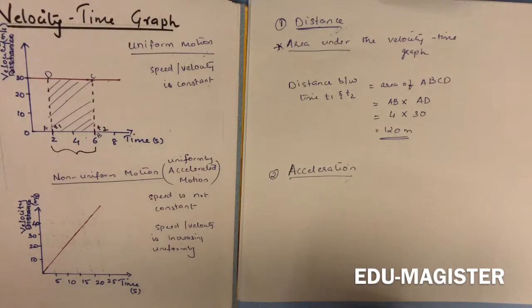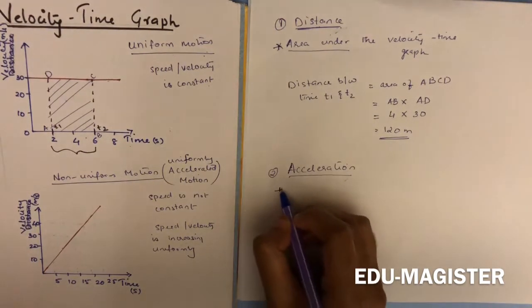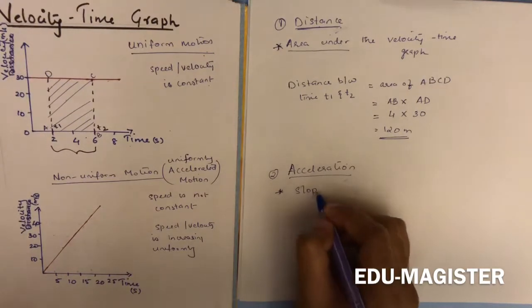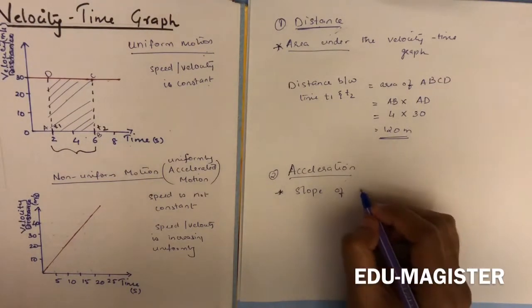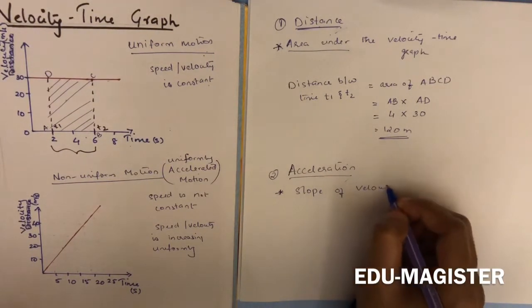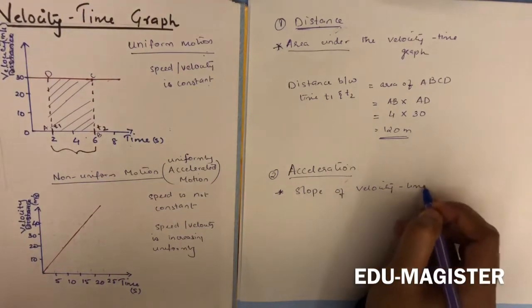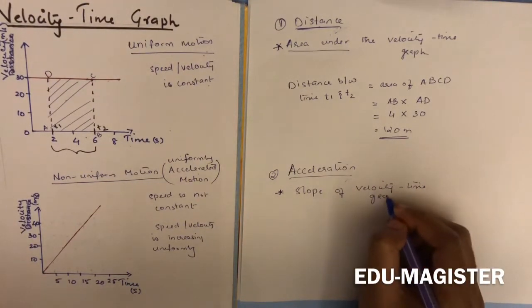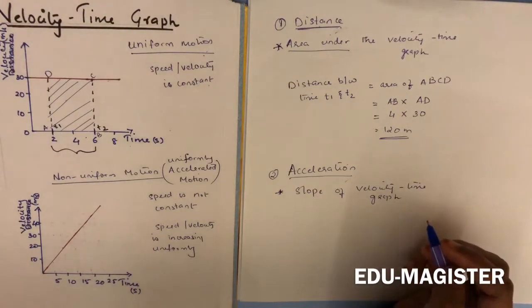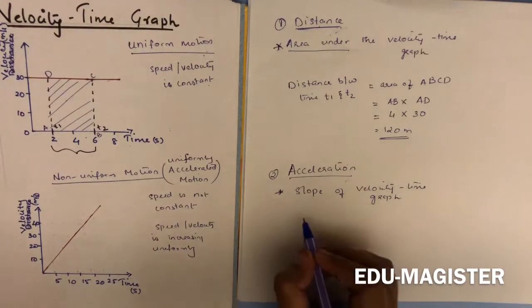Now let's see how we can calculate acceleration from the same graph. Acceleration is given by the slope of a velocity time graph. What is the meaning of slope?